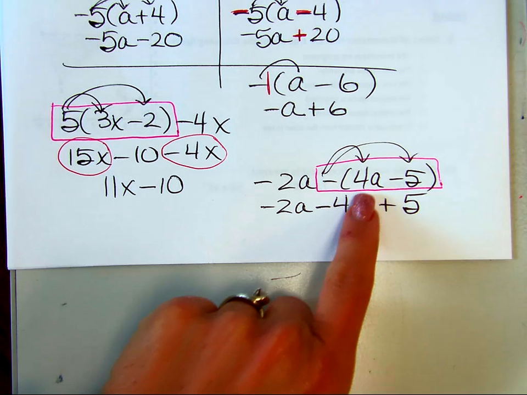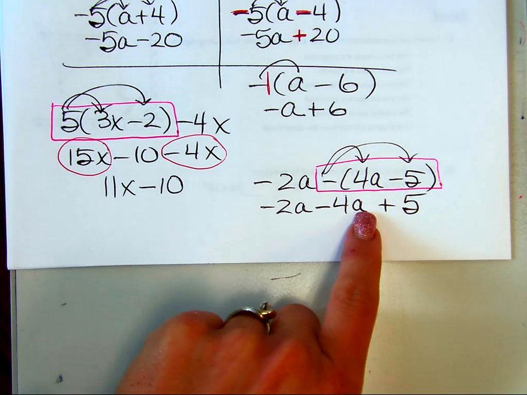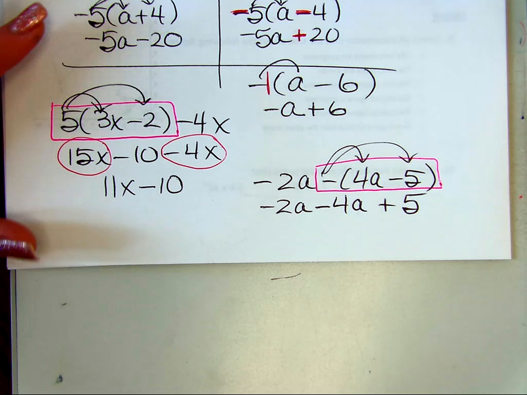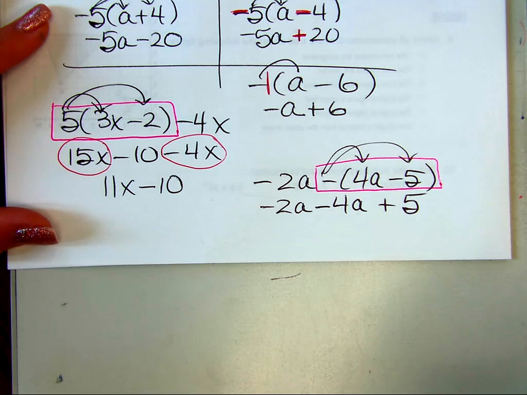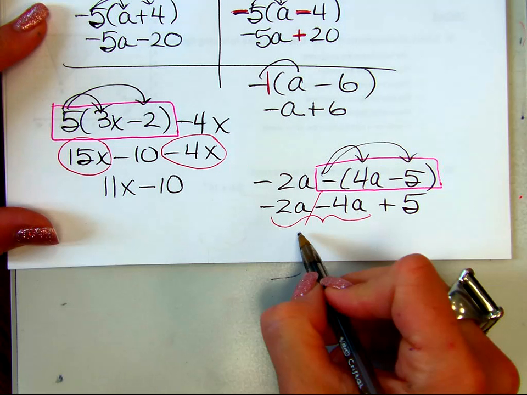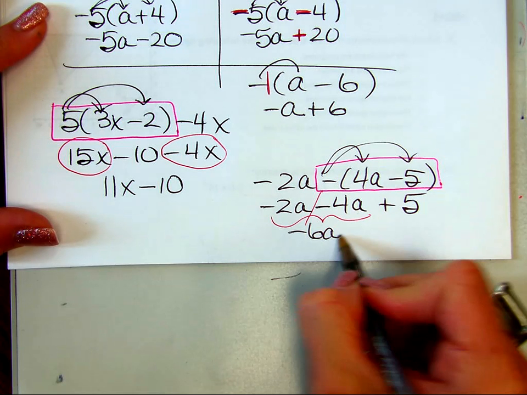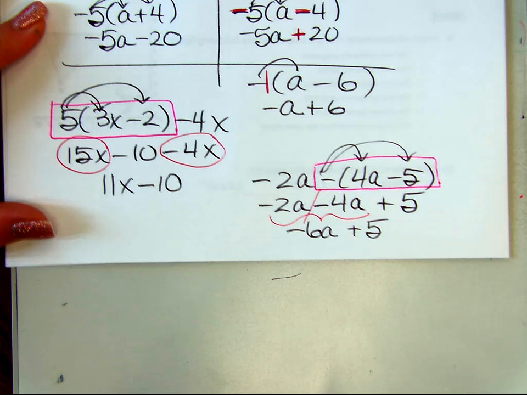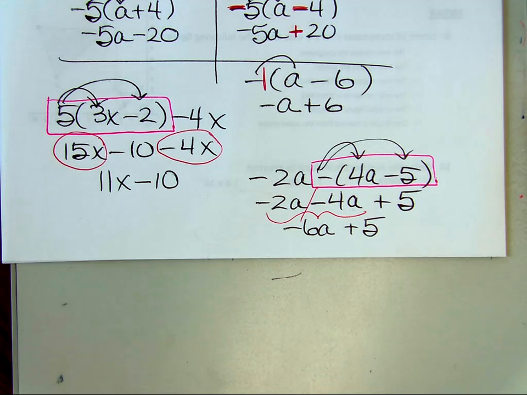Good so far? When you distributed, you had the opposite of positive 4, the opposite of negative 5. Now I have two like terms, right? And they're both negative, even though that looks like a minus. Negative 2 plus negative 4 is negative 6. And I cannot combine these two because it doesn't have a 5.